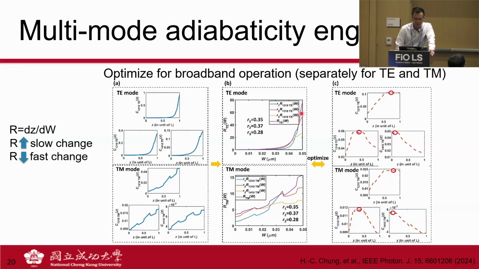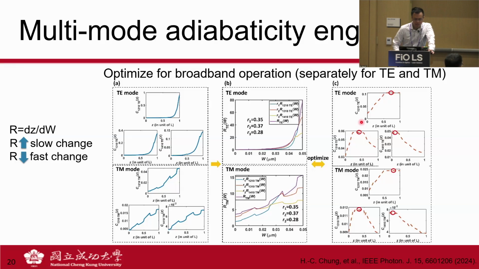If we put these lines on top of each other, then we can see that in different sections, we should follow the rate of change that is given by the corresponding wavelength. Then we just choose different sections on these overlaps, and we can, again, optimize the adiabaticity for different wavelengths.